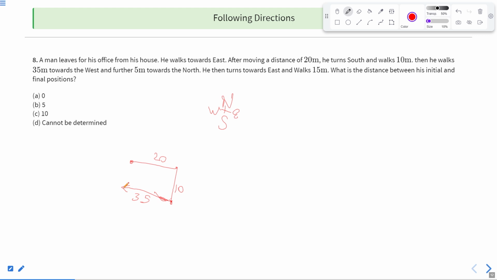Then further 5 meters north. Then towards east, walks 15.